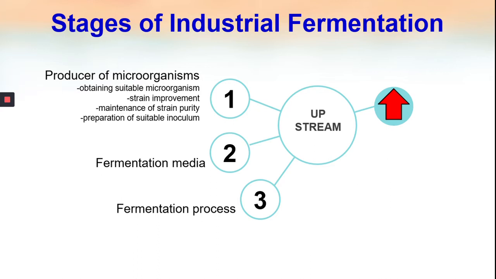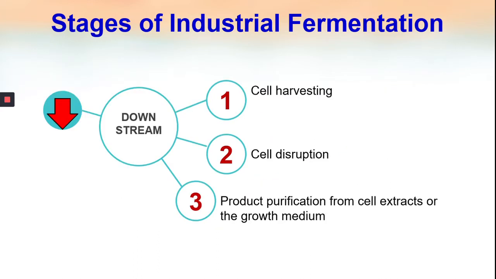Each fermentation will have a different period of time with different parameters, according to what kind of product you desire and what kind of microorganism you are using at that particular time. After the fermentation is completed, we go for the downstream processes, where we withdraw the product that has been produced during the fermentation.